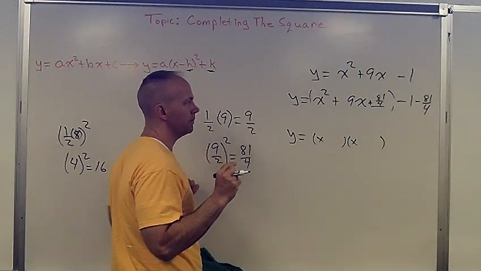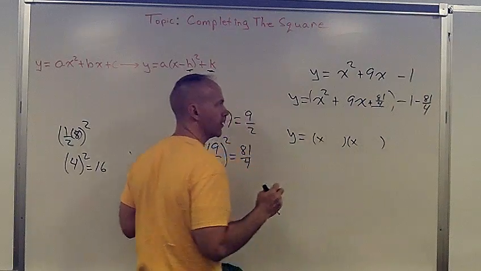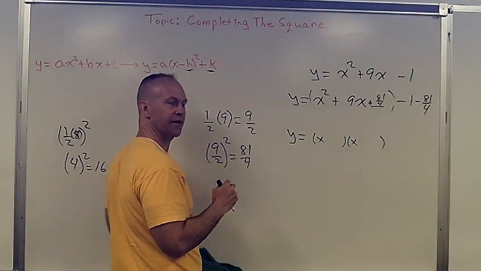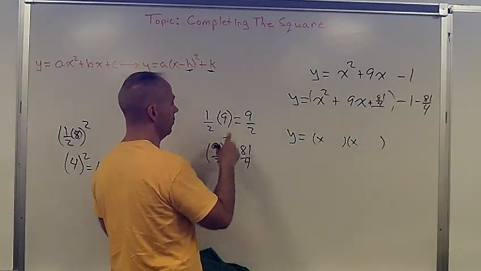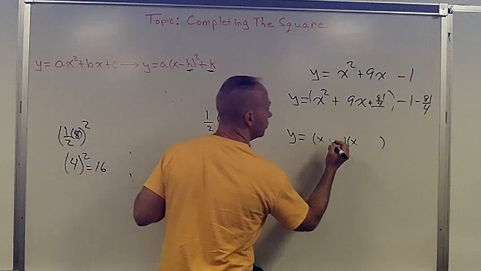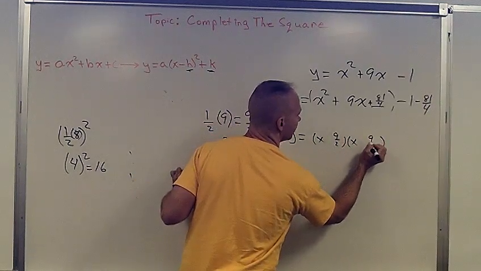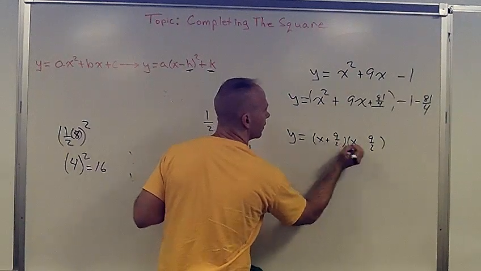Well, here's the trick. It's always going to be the square root of that last term. Well, not always 9/2, but it's always going to be 1/2 of b. So I'm going to have 9/2 here, 9/2 here, and they'll have to be positive.